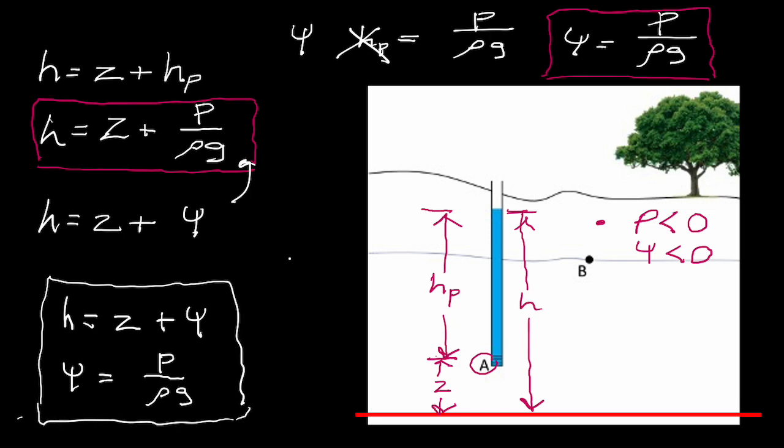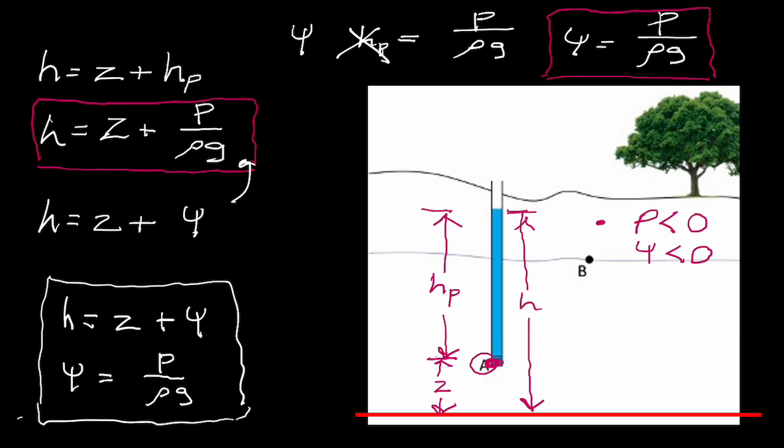Now, one quick comment about the elevation here. This is the elevation relative to the datum. So in the example I showed over here to the right, just look at A. Just look at the location of the input port right over here. This is above the datum, so Z is positive.